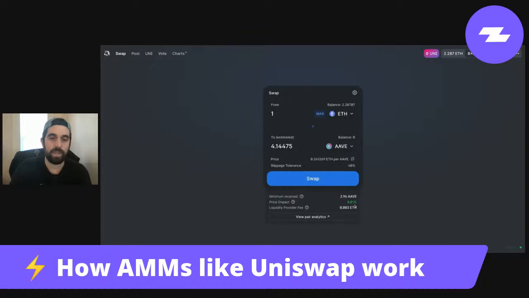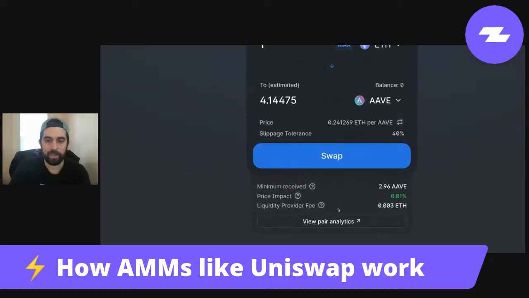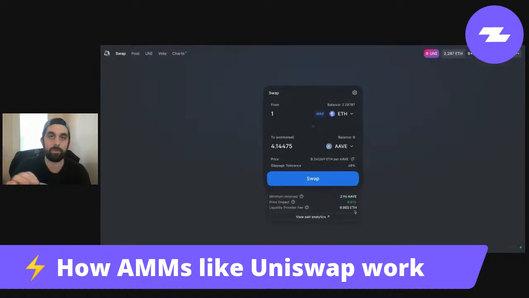And for those that provide the liquidity, there's this thing here that says liquidity provider fee. They earn 0.3%. So every trade, you pay 0.3%. Let's give an example and pretend that I own 1% of this pool.